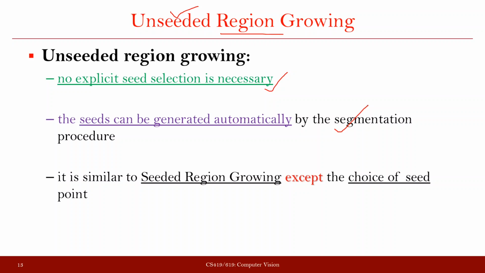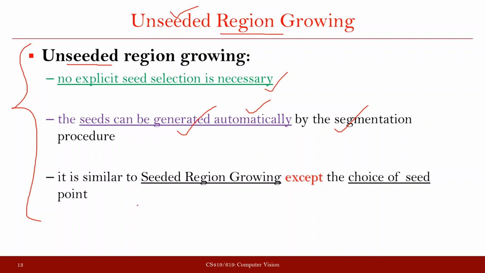One of the criteria could be, for example, as we discussed in the previous technique also, that suppose you know that something which you are going to segment is going to be very bright. Then we can automatically say that whatever the highest intensity pixels are in the image, they can be considered as seed points. So we are not specifically selecting the seed point; we are selecting it based on some automatic procedure.